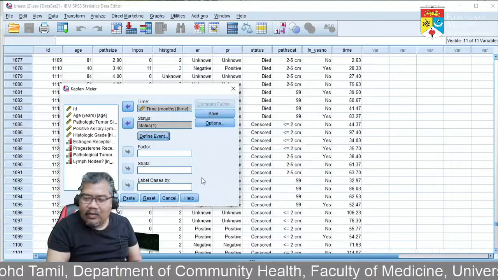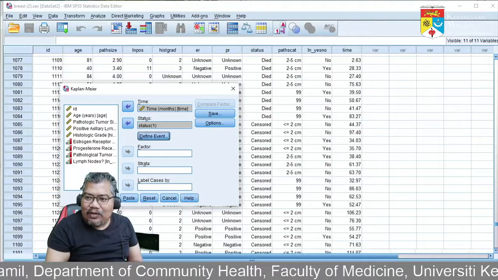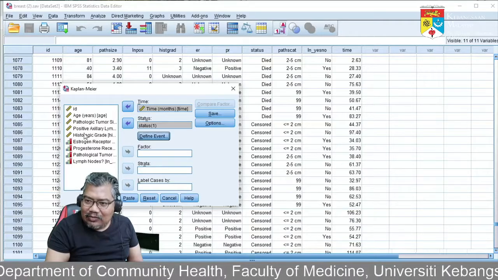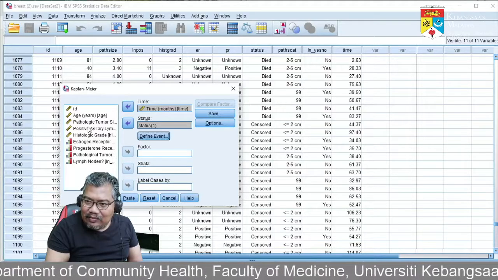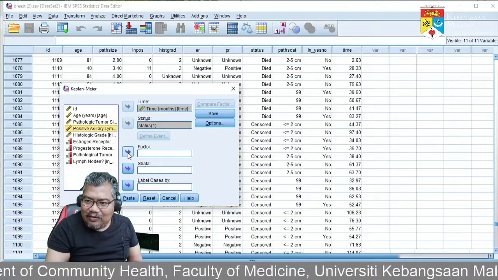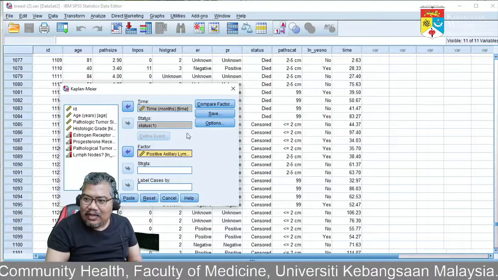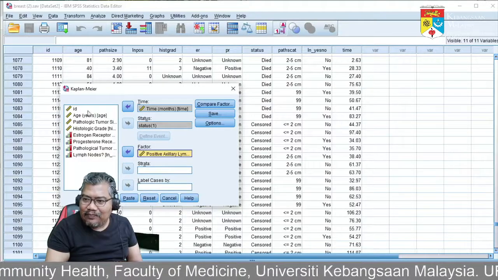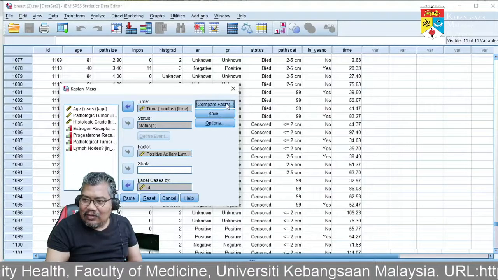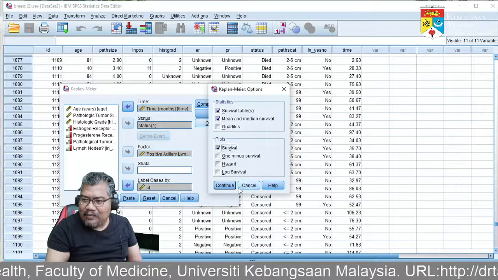Click continue. Right now, as I mentioned, we want to do lymph node present or absent. So we click here, positive axillary lymph node, and shift it to the factor. Now we ask for the other things as usual, which is the option. You're going to get the survival plot.